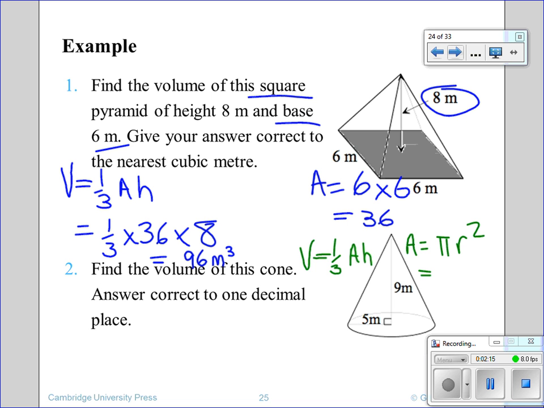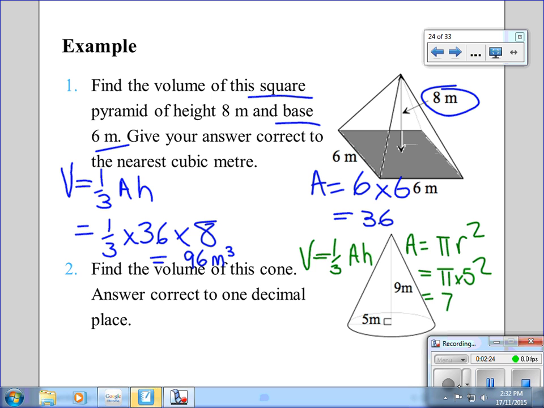The area of this circle happens to be pi times 5 squared, which just happens to be 78.5398 blah blah blah. So once we got that, what can we do now?